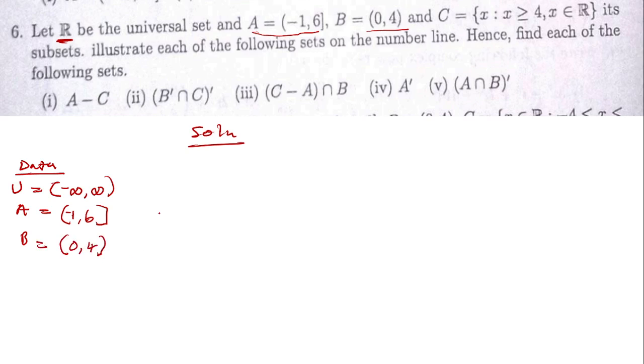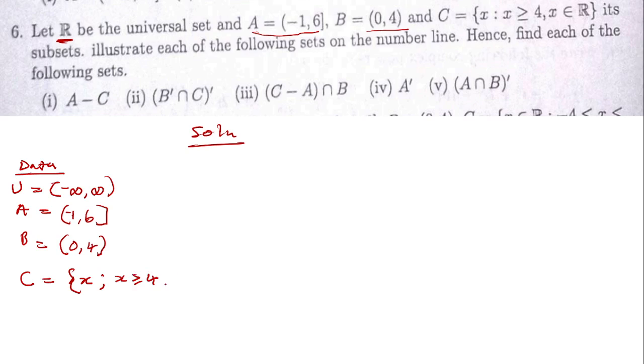This question is very easy. So the deal is on C. C has been written as open bracket x, such that x is greater than or equal to 4. So this is also another representation of the sets in set builder notation.